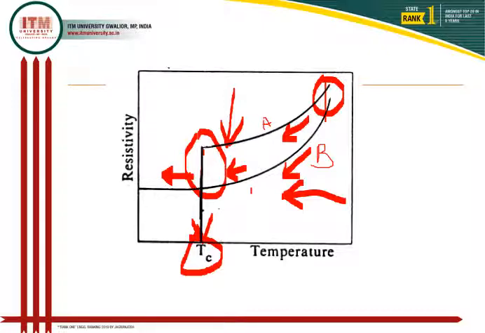What I want to convey here: the material which at room temperature or at higher temperature shows high resistivity suddenly reduced to 0. Resistivity suddenly reduced to 0. On the other hand, the material which is showing low resistivity still has resistivity.